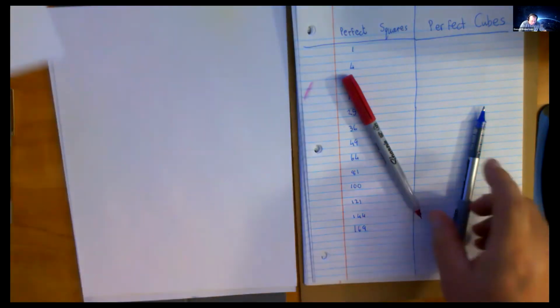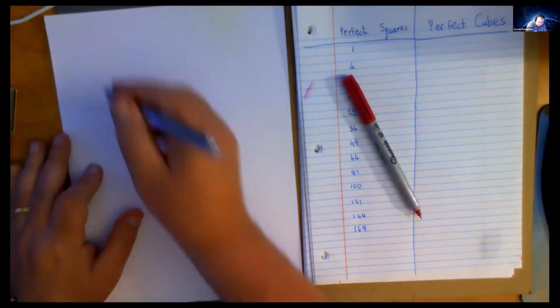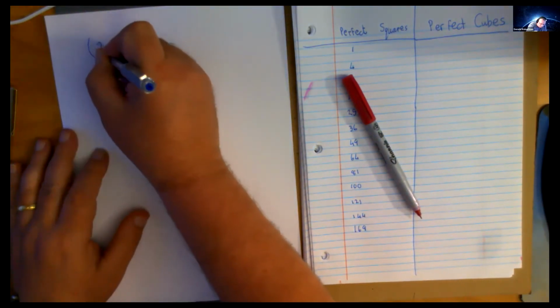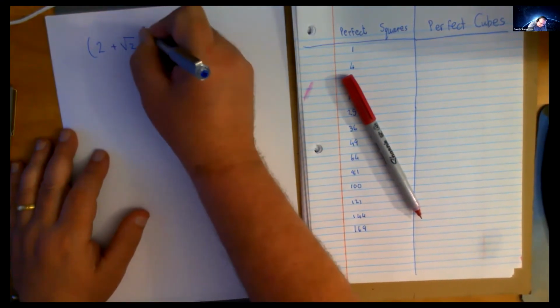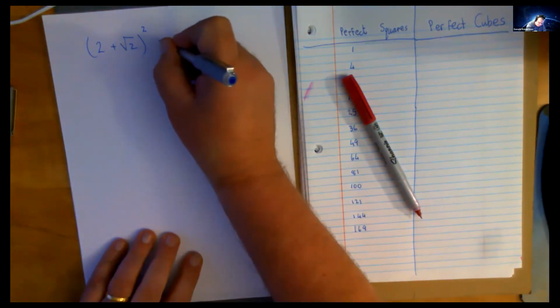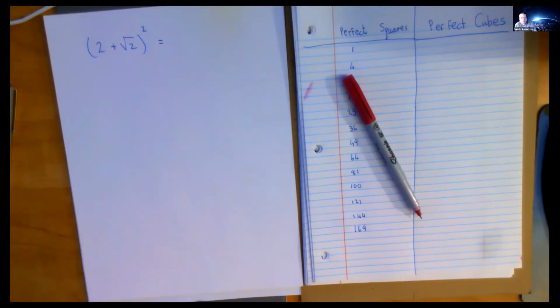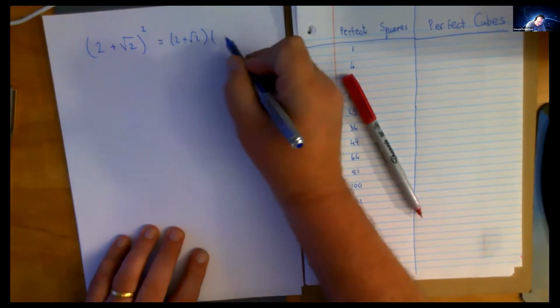Still on numbers, and pretty much just one more example with numbers and FOIL. Suppose you were being asked to do that one, right? To multiply it out and simplify the result. That's typically what you've been asked to do. Wouldn't I have to write that as this times itself?